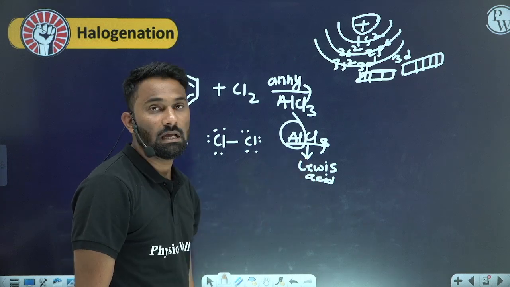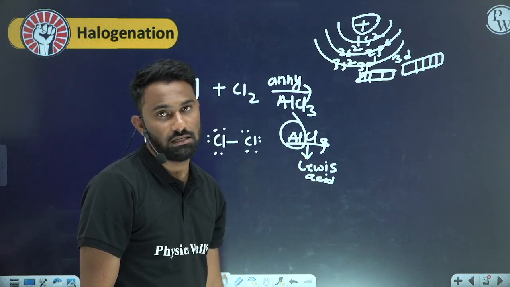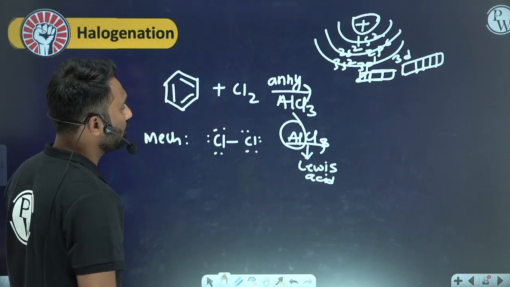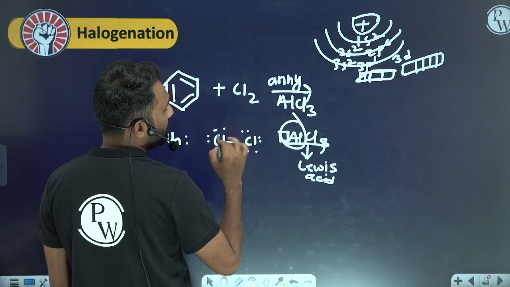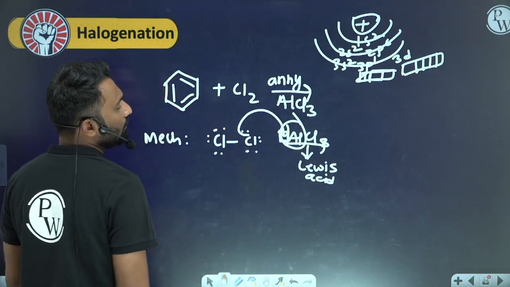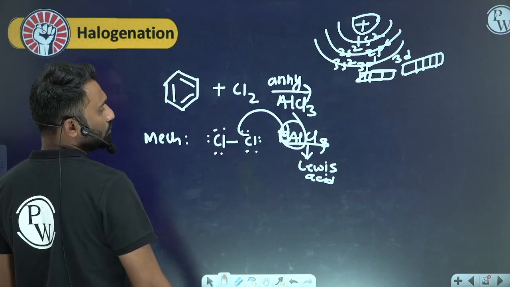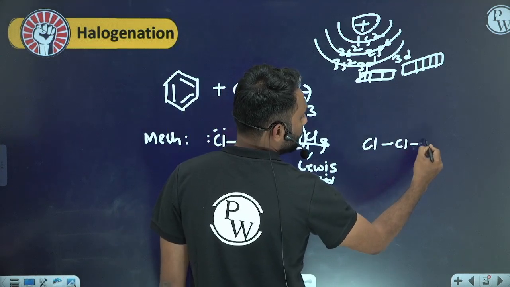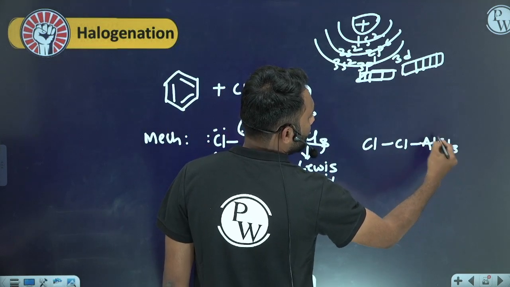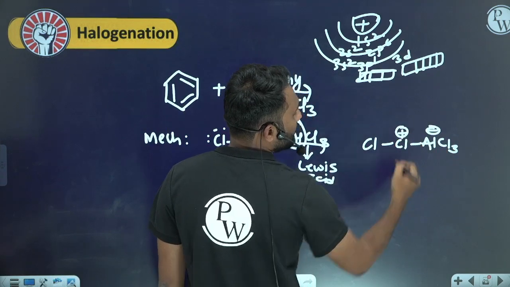One which readily accepts electrons is known as a Lewis acid. Due to the presence of this empty orbital, the chlorine electrons will be accepted by this Lewis acid. When it is accepted, we get AlCl3 minus, and this chlorine will get the positive charge.